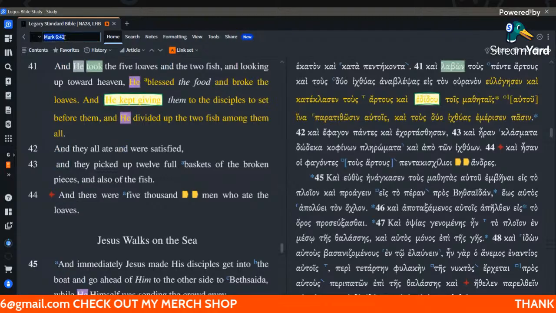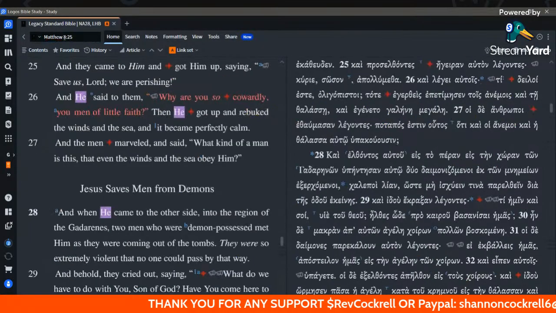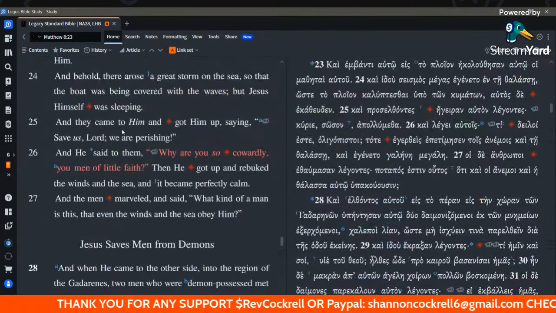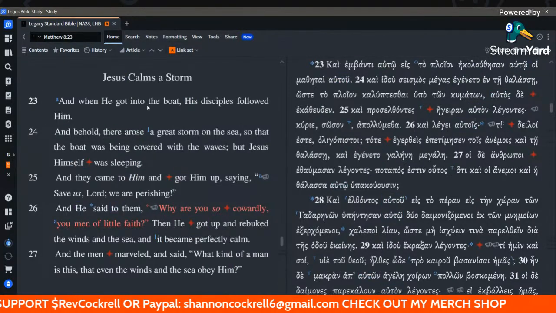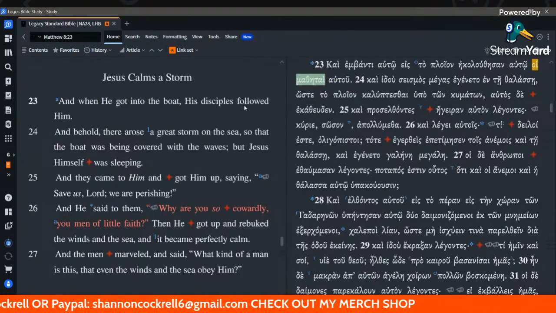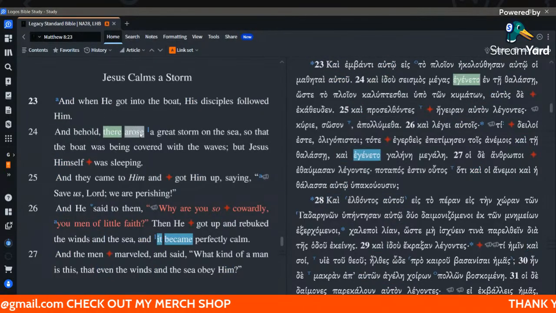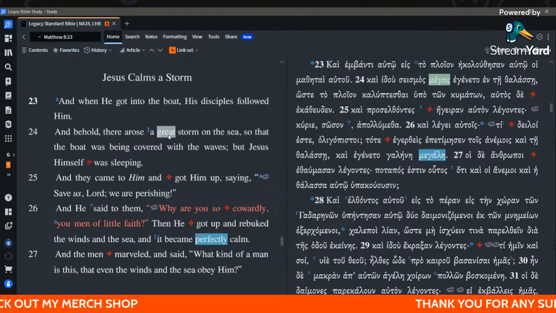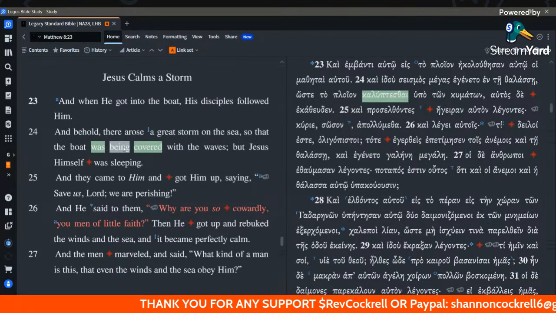Greek is so amazing. You can see things you don't really see in the English translations. So Matthew 8:23. And when he got into the boat, his disciples followed him. And behold, there arose a megas seismos, a great storm on the sea, so that the boat was being covered.